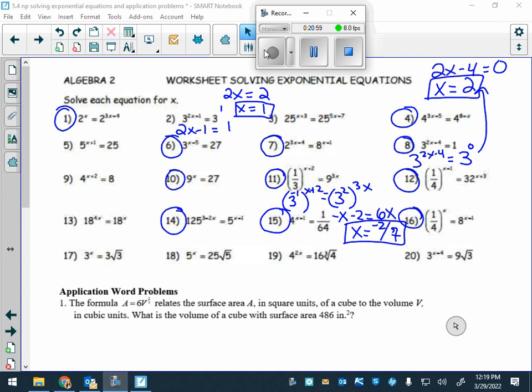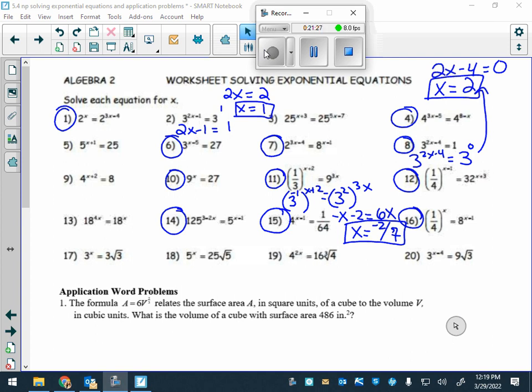So, you have 9 minus 6x equals x minus 1. Add the 6x. So you have 9 equals 7x minus 1. Add the 1 to the other side. X equals 10 over 7 for number 14.